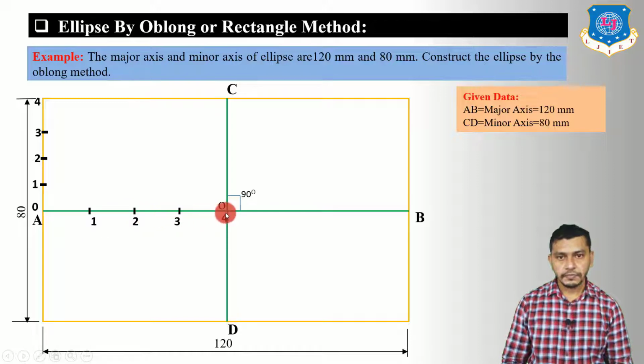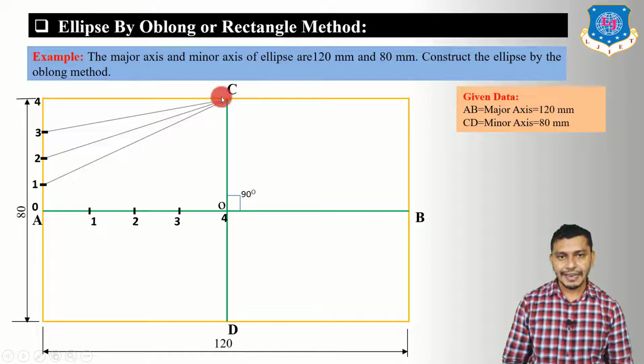Now what we have to do? Connect these points 1, 2, 3 and 4 to point C. Connect point 1 to C by using the scale, 2 to C, 3 to C. There isn't any need to connect 4 to C because it is already connected.